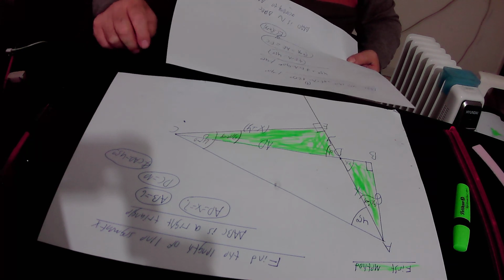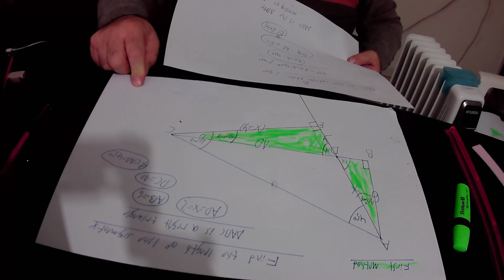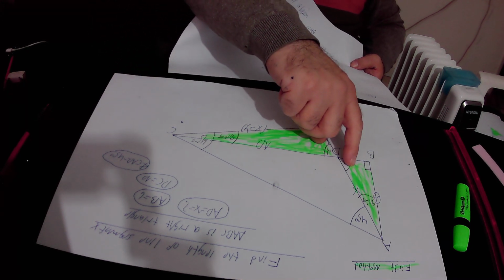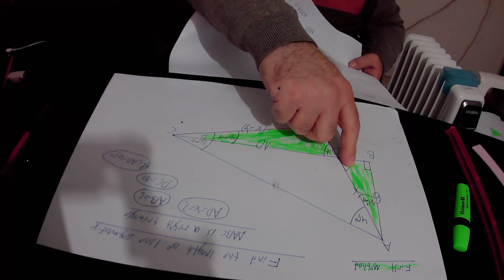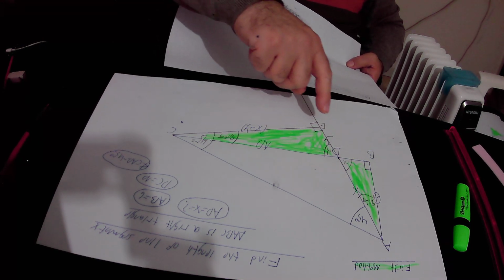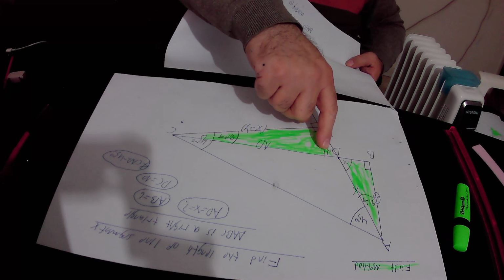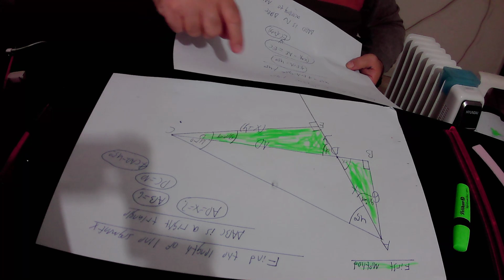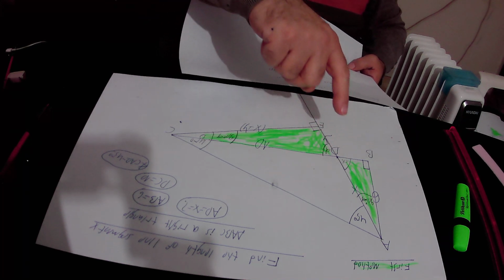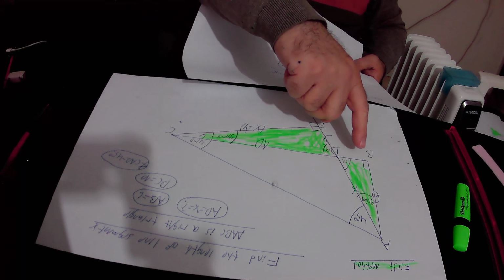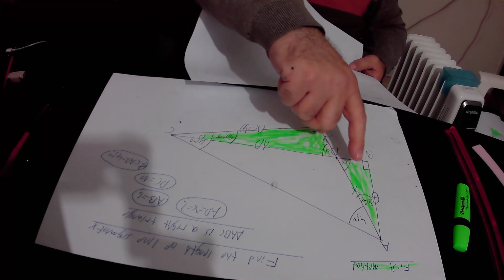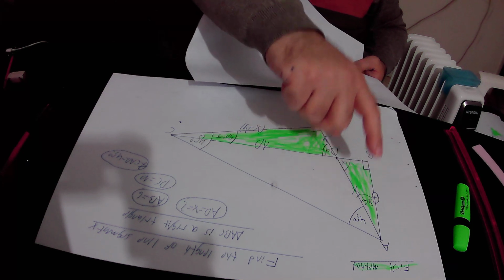And then we have the rule that vertex angles are equal to each other. Those two angles are vertex angles, therefore they are equal. So if one angle is alpha, then the other angle will also equal alpha. So in the right triangle ABD, we have one angle equal to 90 degrees, the other angle equals alpha, so the third angle must be equal to 90 degrees minus alpha.